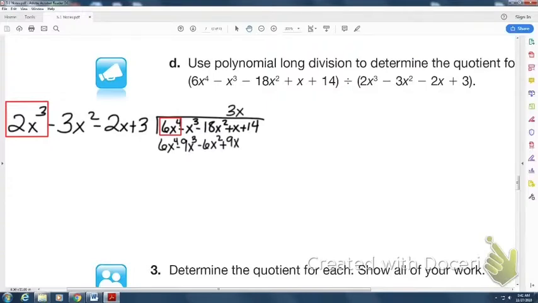And again, I'm just getting those from multiplying 3x by all of these right here. After that, I subtract, which again means all these signs are going to change. So the first 2 will cancel.